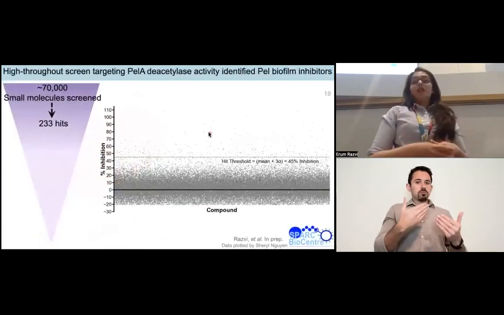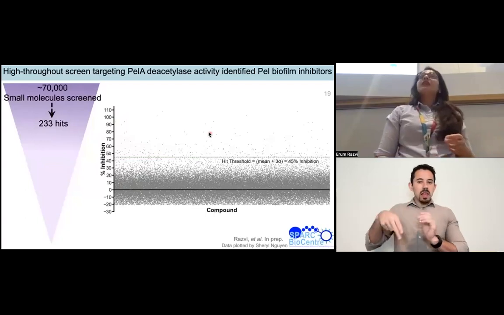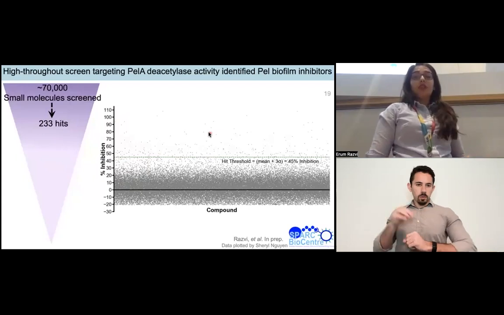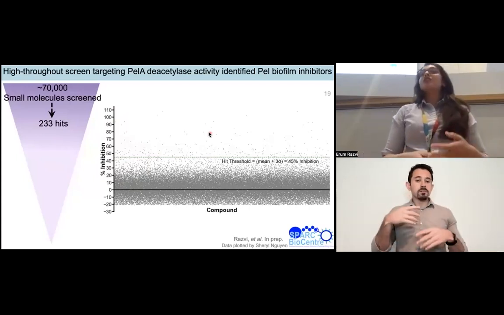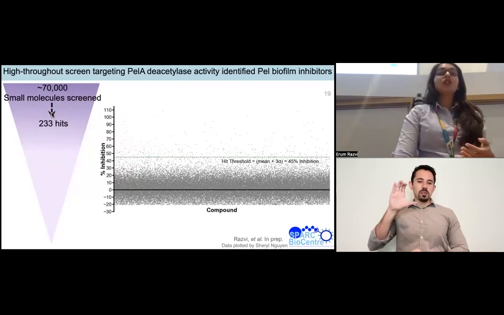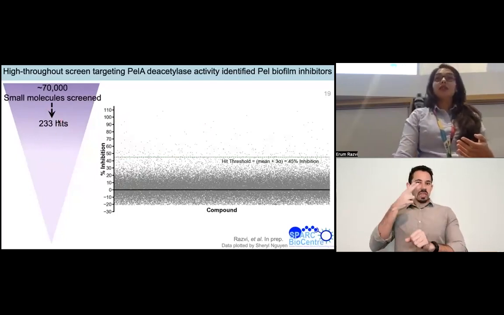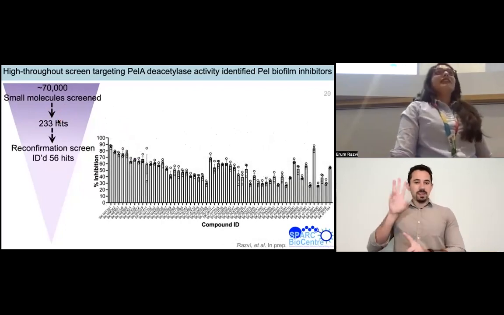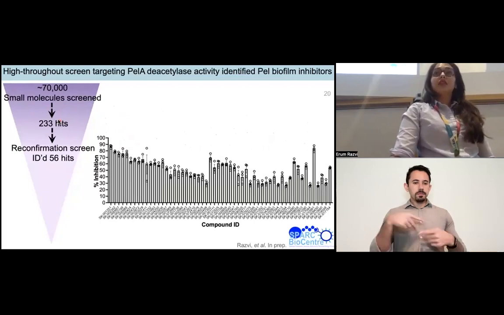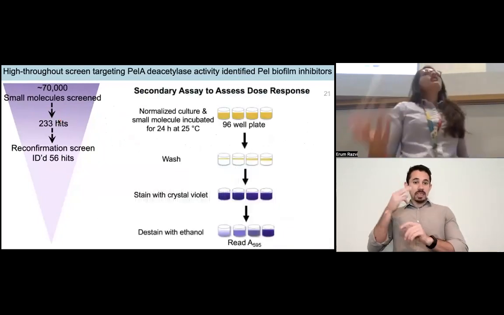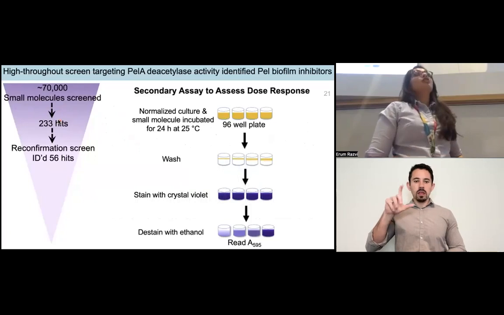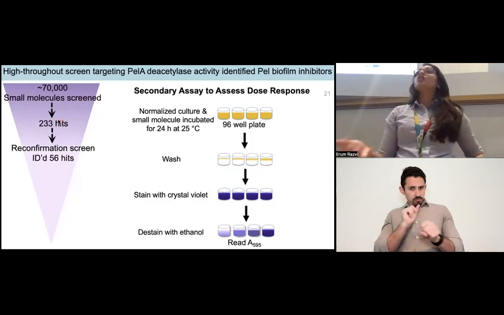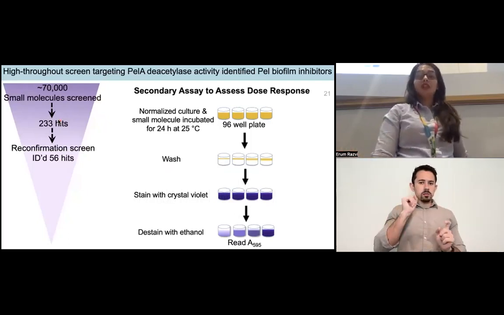So we set out to determine if this could be a viable strategy by developing a high throughput screen targeting PelA deacetylase activity in vitro. The high throughput screen was performed by the Sparks Biocenter and identified 233 hits. Subsequently, a reconfirmation screen identified 56 hits. So I took these 56 hits and subjected them to a crystal violet assay, which served as a secondary assay to determine which compounds can inhibit biofilm formation.